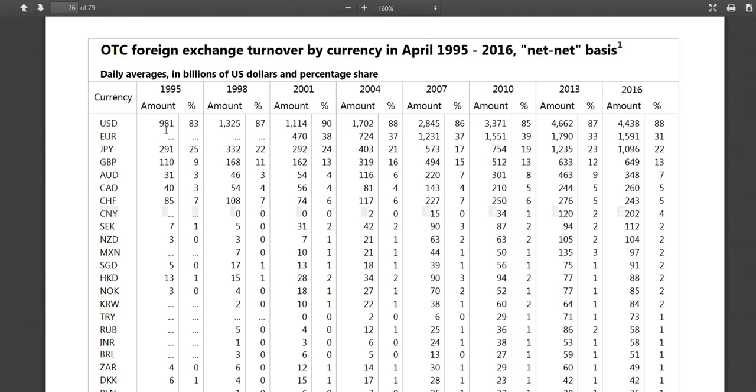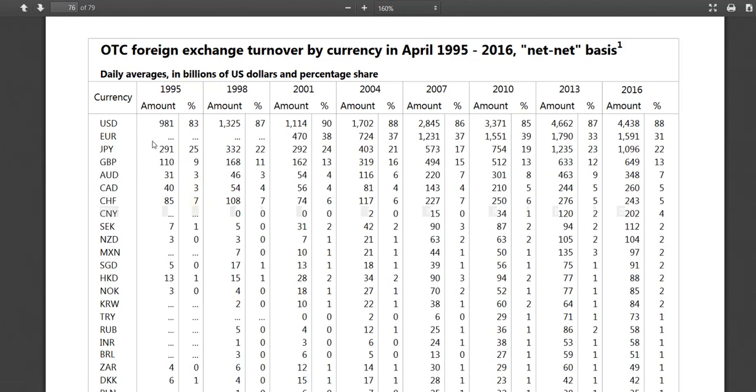In 1995, the average turnover was about $981 billion worth of transactions involving the US dollar, and the US dollar amounted to 83% of all the transactions in the foreign exchange market, followed by the Japanese yen with $291 billion worth of transactions, accounting for 25% of the overall amount, the British pound with 110 billion, accounting for 9%, the Australian dollar with 31 billion, just 3%, the Canadian dollar with 40 billion, 3%, and the Swiss franc with 85 billion, accounting in those days for 7%.